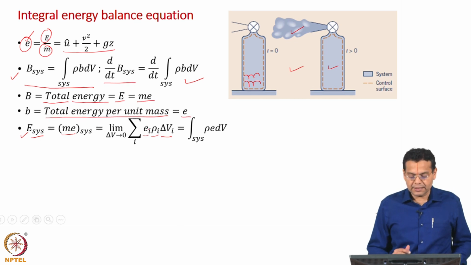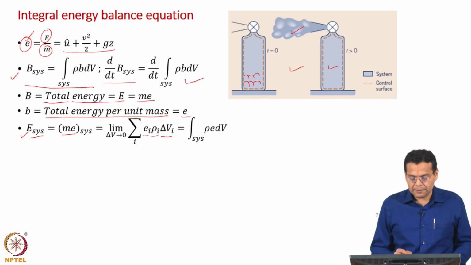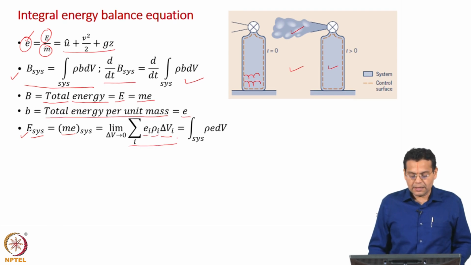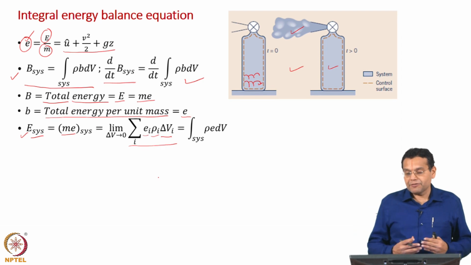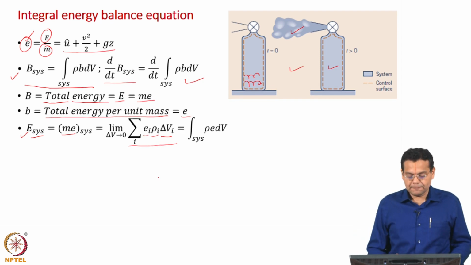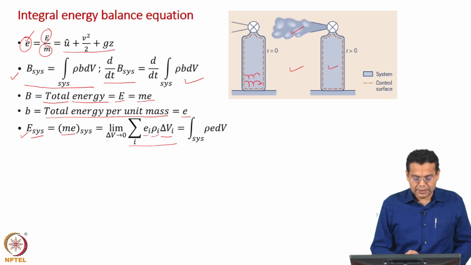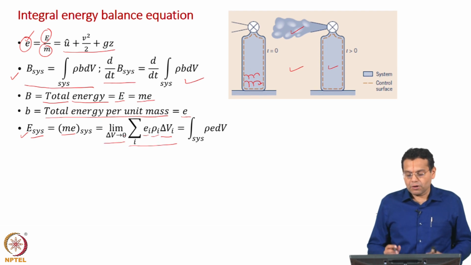Once again I want to mention, e represents the sum of all the energies per unit mass, and to get the extensive property for the entire system, we sum over all the volumes, and then we take the volumes smaller and smaller. We consider an infinite number of such smaller volumes, and so delta V, the volume of each region, goes to 0.